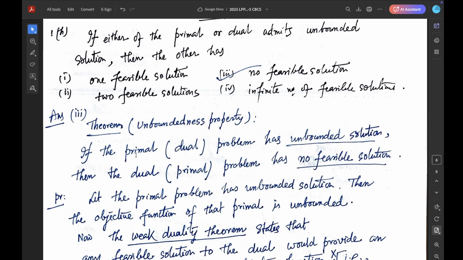If the primal or dual problem has an unbounded solution, then the corresponding dual, that is alternatively the primal problem, has no feasible solution. If one has an unbounded solution, then the corresponding dual or primal has no feasible solution.